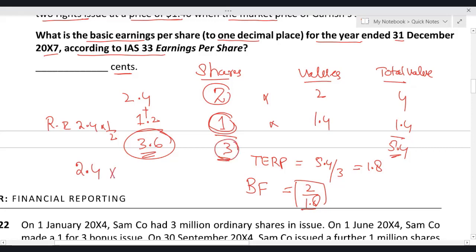So if you multiply 2.4 with 3 divided by 2, you will get 3.6. There are a number of ways to get the same thing.